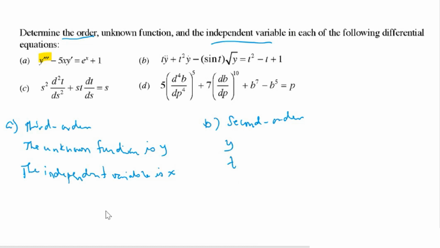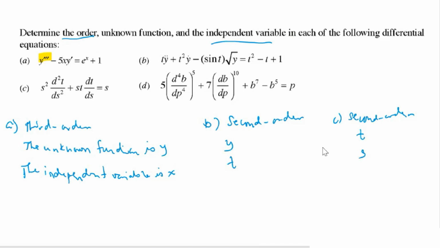Now for letter C, we have s squared times d squared t over ds squared plus st times dt over ds is equal to s. The order is also second order, and the unknown function is t, and the independent variable is s.